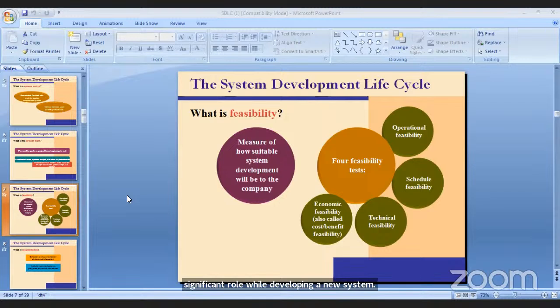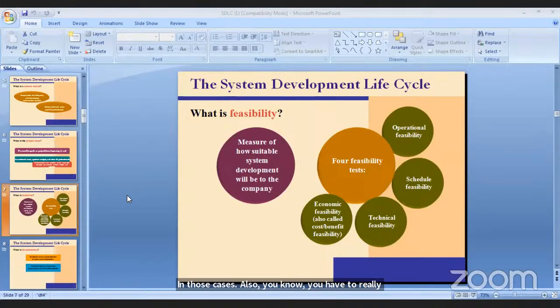And when an existing or old system is upgraded to adopt new changes, or a new system is developed, in those cases also you have to clearly check the feasibility study.